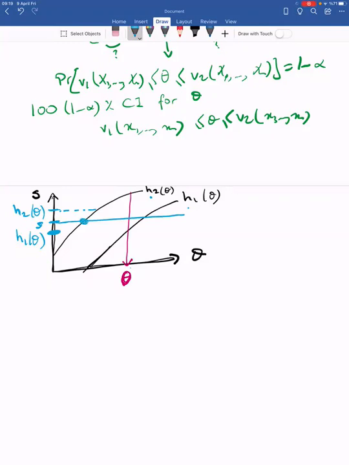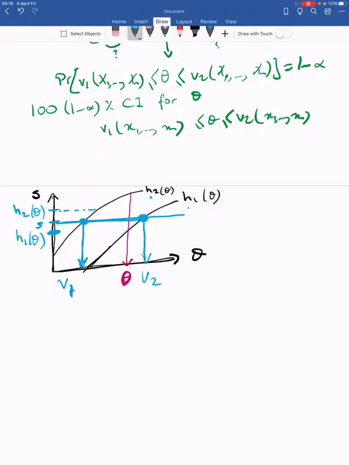On the theta axis, because we need to find an interval for theta, here we obtain our v1 function, the lower bound, and on the h1 function we obtain the upper bound, v2.